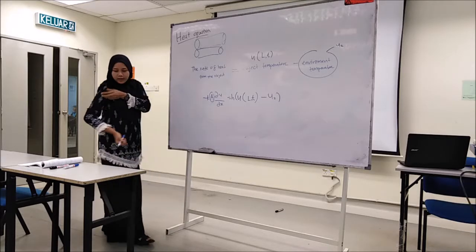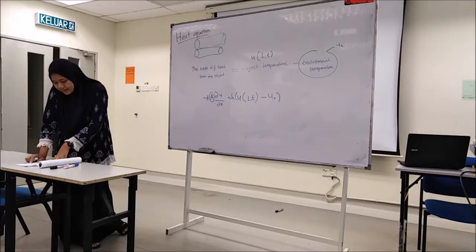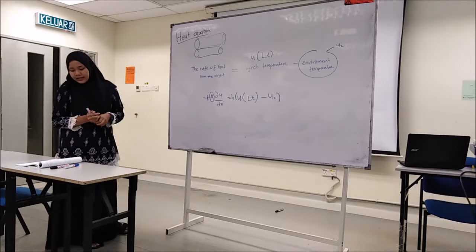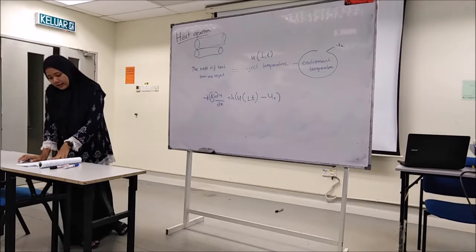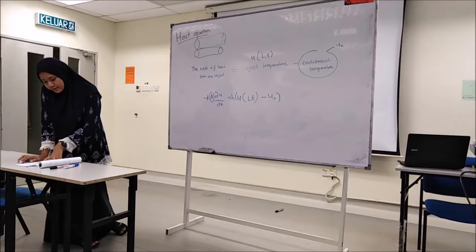As you can see, at the second point, it says that the environment near X equal to 0 is at a constant temperature equal to U1.